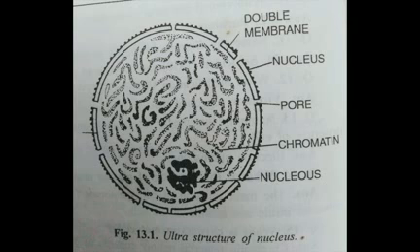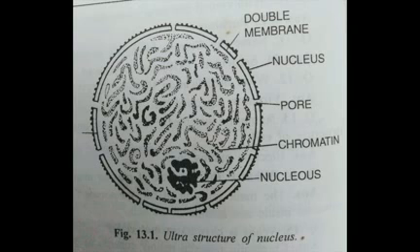This rounded structure is termed as the nucleus, and this nucleus was first discovered by an English biologist in 1831, and his name is Robert Brown.